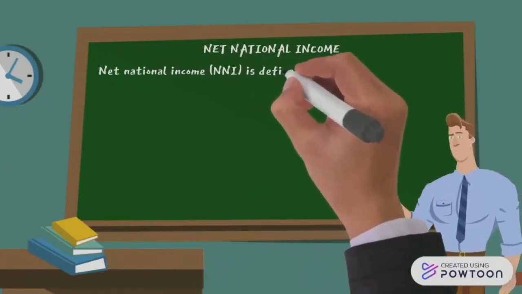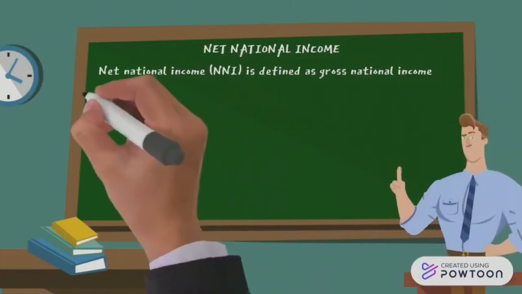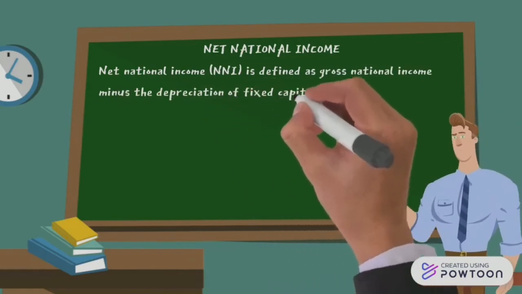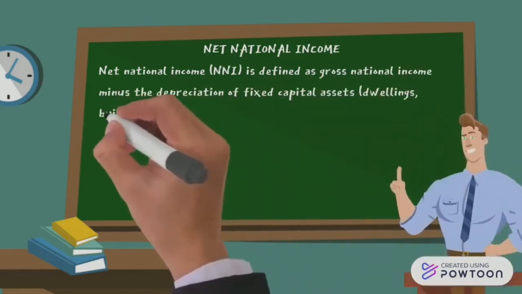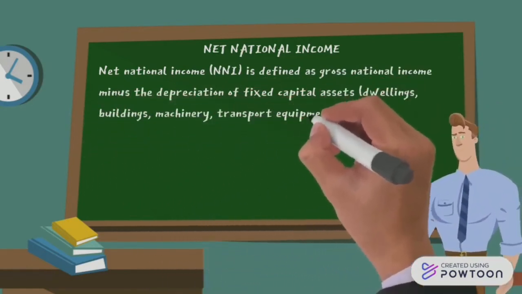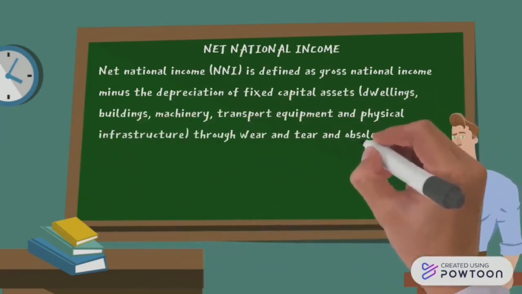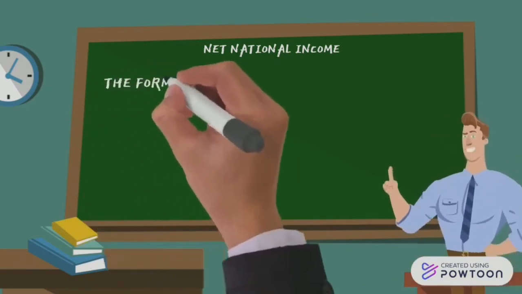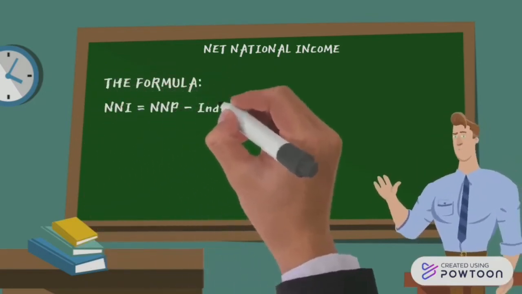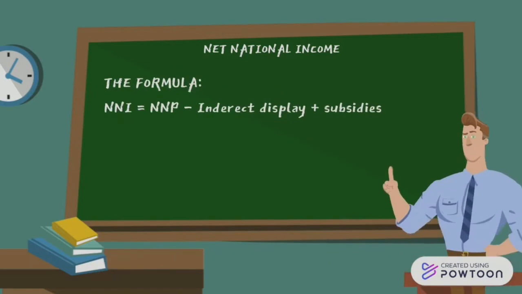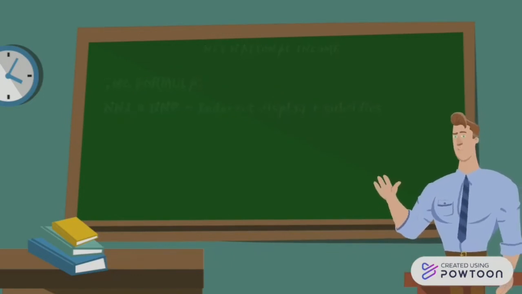Net national income or NNI is defined as gross national income minus the depreciation of fixed capital assets, dwellings, buildings, machinery, transport equipment, and physical infrastructure through wear and tear and obsolescence. The formula: NNI equals NNP minus indirect tax plus subsidy.